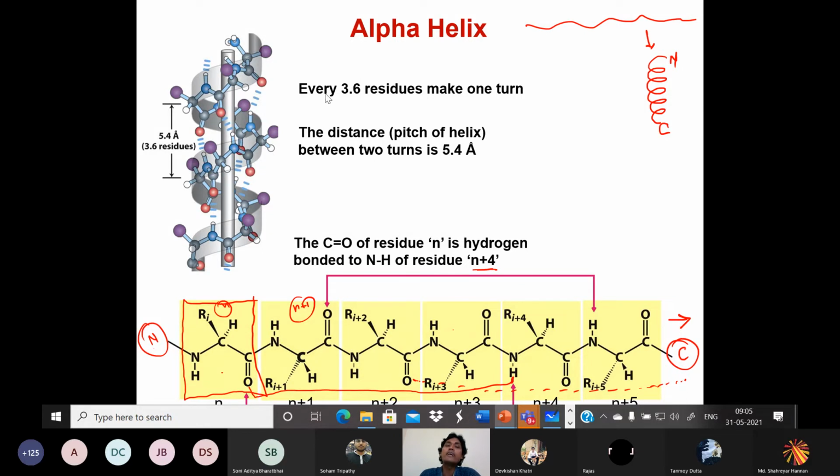Based on that, every 3.6 residues make one turn. That means in one turn, in 360 degrees, you have 3.6 residues.